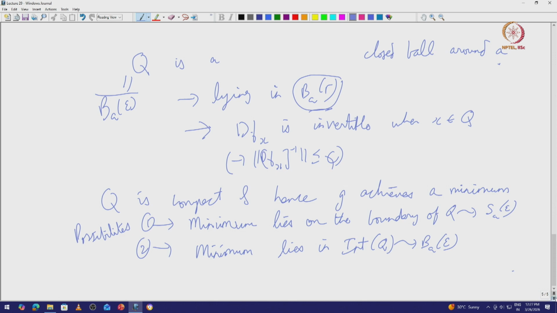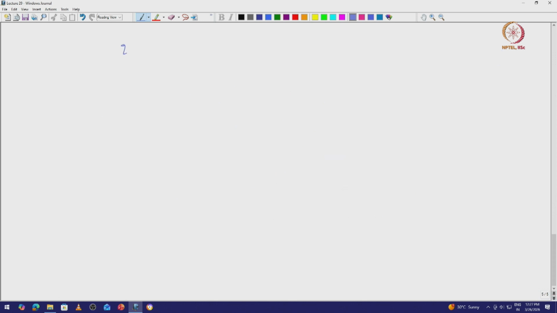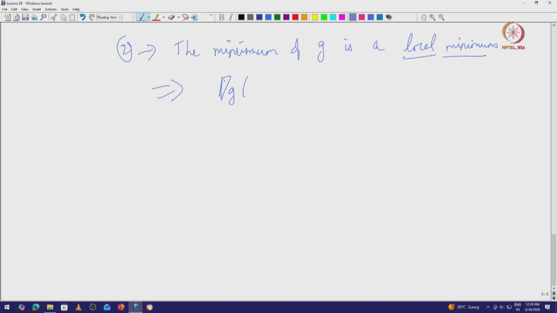Let's start off with 2. That is, if the minimum is achieved in the interior, that means the minimum of g is a local minimum because it's achieved on an open set. Therefore, the gradient of g at this point is 0.